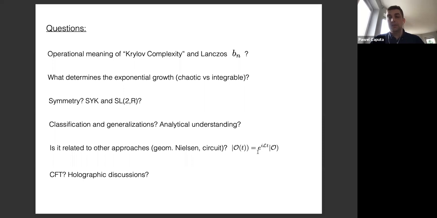And this unitary circuit, in the case of operator growth, could be given by the exponent of this Liouvillean. So the question we wanted to ask is, can we think about these circuits of the Liouvillean in some kind of geometric way? Okay, and with these questions, let me go to the description of our work.